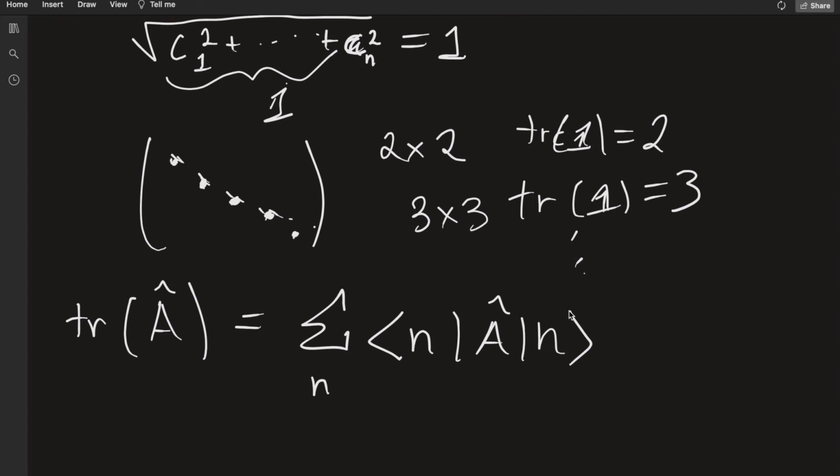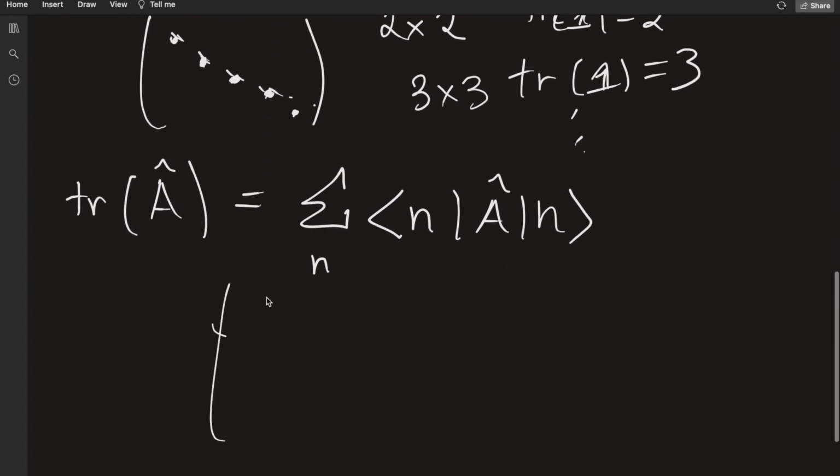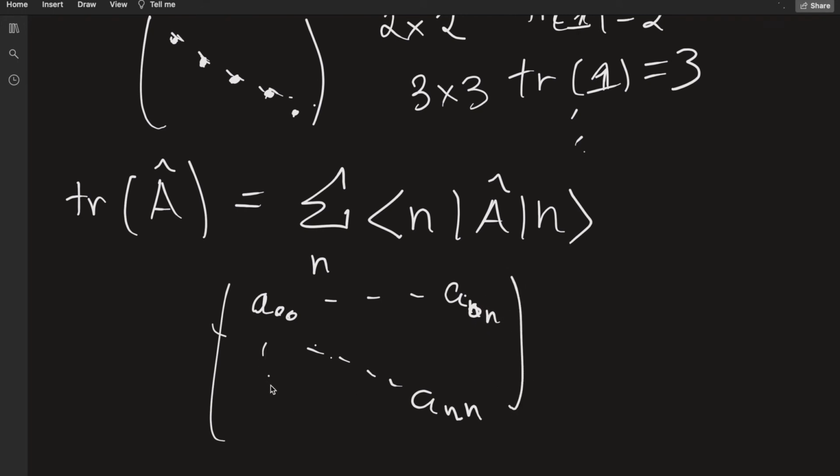So if I have a matrix, with, let's call this 0, 0, and n, and 0, n, and 0. Okay, this is a matrix.